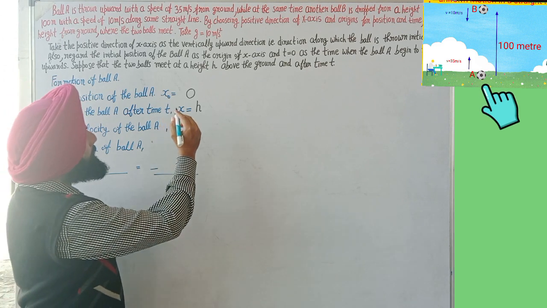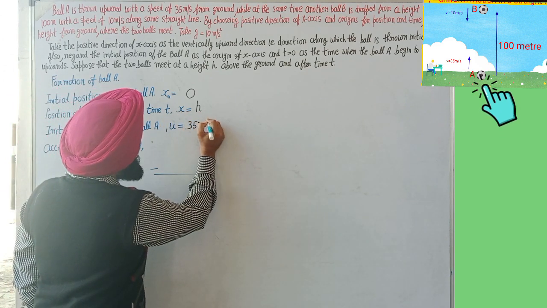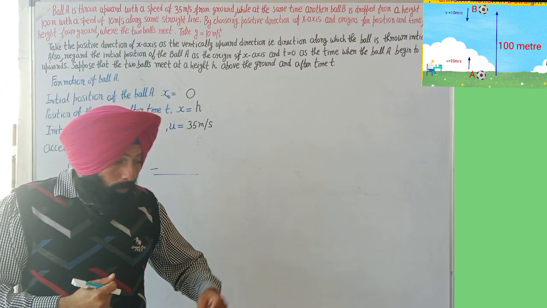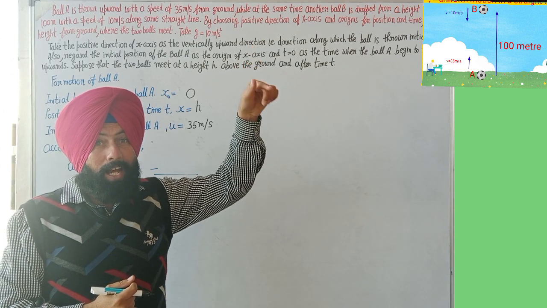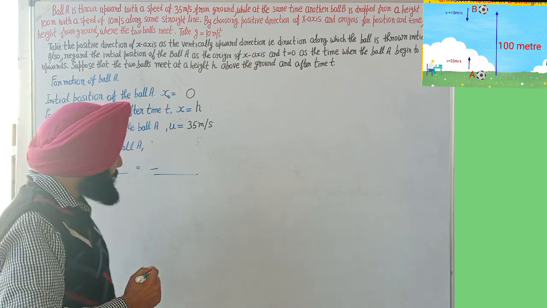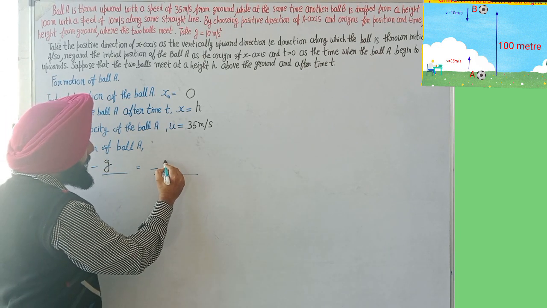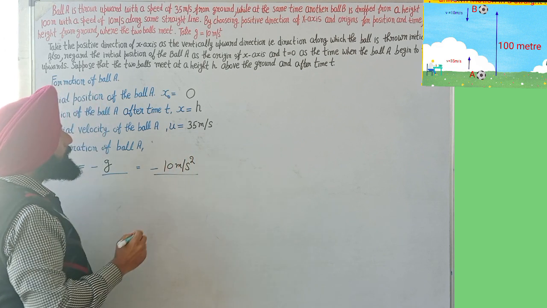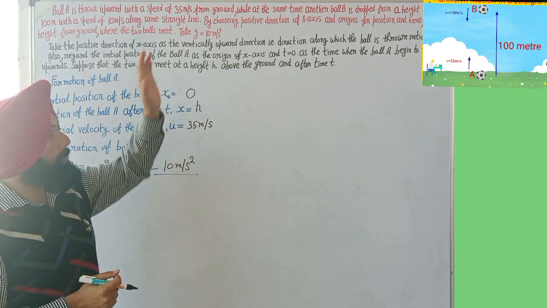Initial velocity is given as 35 meter per second. Now what is the acceleration? The ball is going upward, but the acceleration acts vertically downward. So this is negative g, means negative 10 meter per second square, because it is mentioned in the statement to take g as 10 meter per second square.